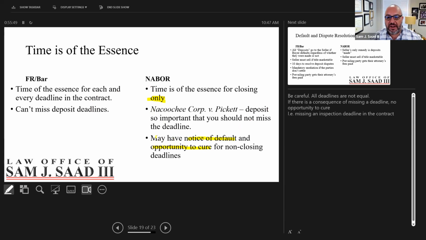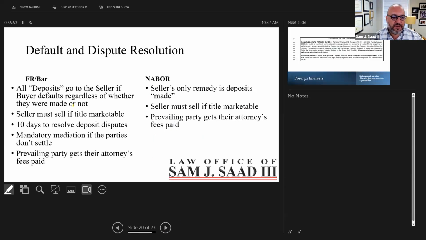And this is another big difference, talking about default and dispute resolution. Under FRBAR, all deposits go to the seller if the buyer defaults. Whereas under NABOR, the seller's only remedy actually, is deposits made. So if the seller's got marketable title, they're selling under both forms.